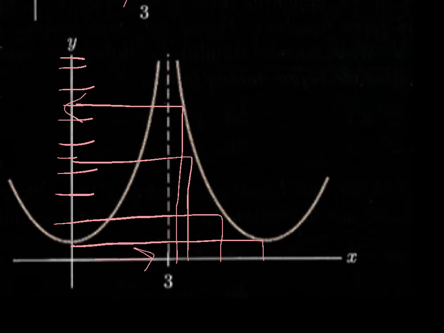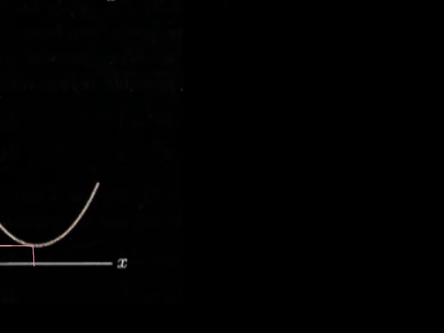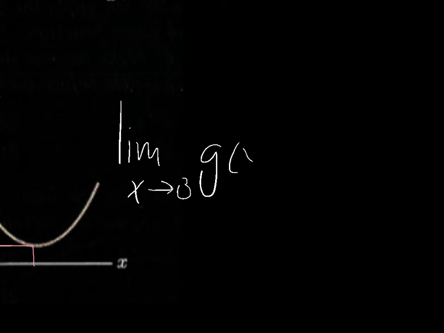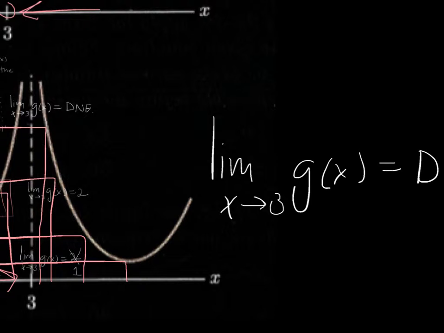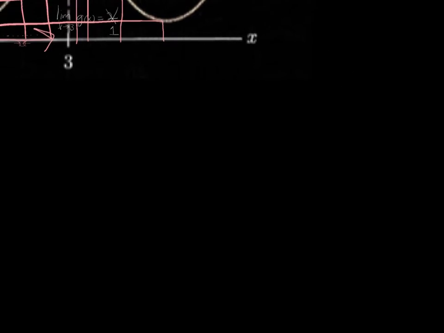As you approach 3, the output values will get larger and larger from both sides. So here we can say that the limit as x approaches 3 of g of x also does not exist. And that brings us to the end of these problems. Let's go ahead and move on to problem number 7.